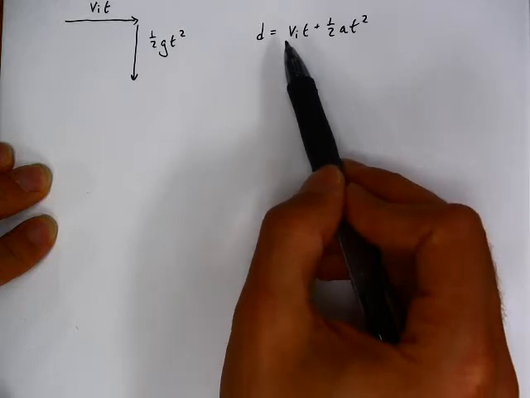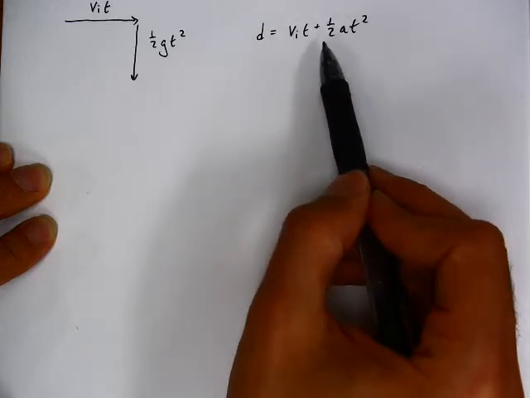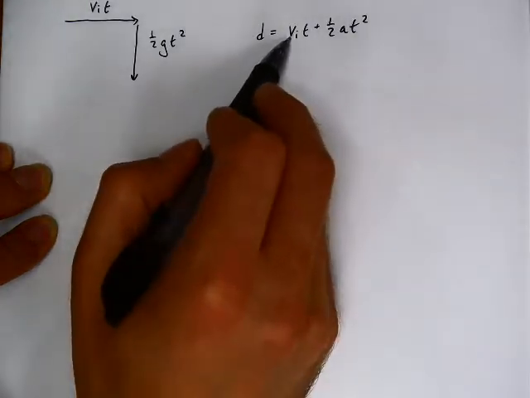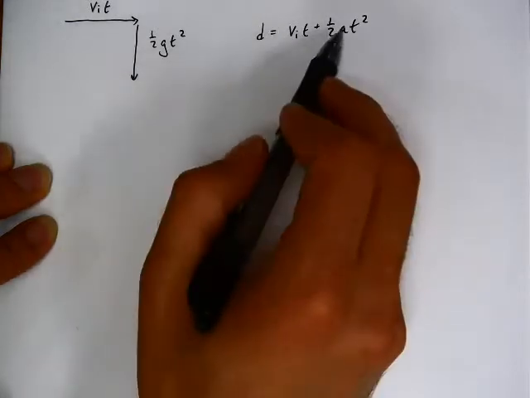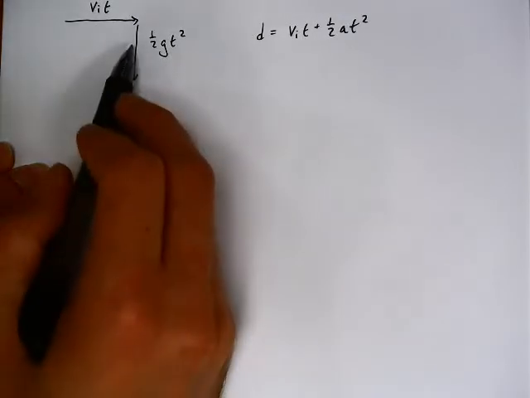It's moving initially to the right, but not initially downward. So if we only focus on the vertical component, it starts at rest, and its speed increases by 9.8 meters per second every second. And so with v_i equal to 0, d is just equal to 1/2 a, substitute in g, t squared.